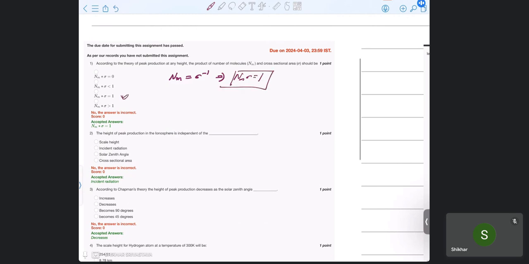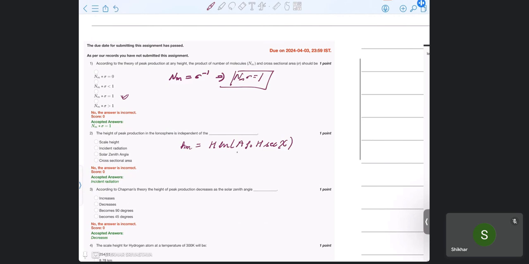The height of the peak production in the ionosphere is independent of what? We derived that the height of the peak production, given by Hm, is equal to H times natural log of the area of cross section times density times the scale height of the atmosphere or the ionosphere times sec of zenith angle, the angle which it makes from the normal. So it is independent of incident radiation.